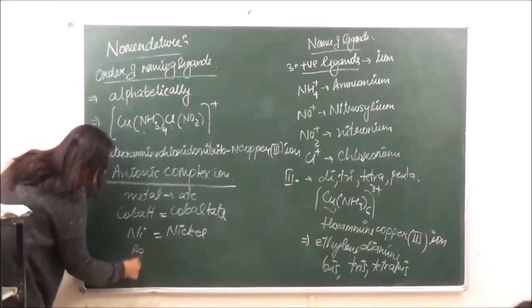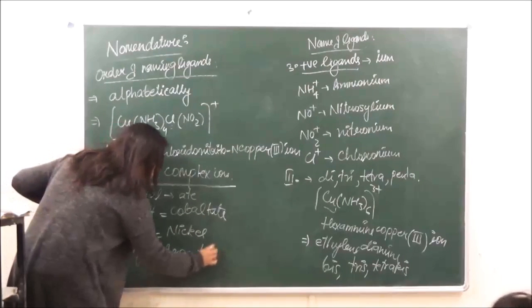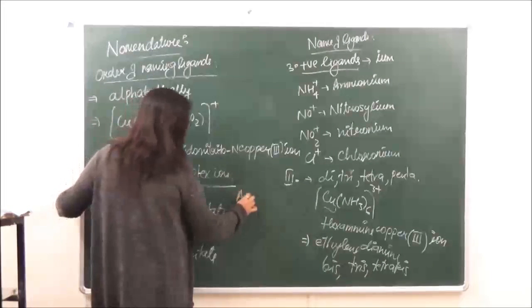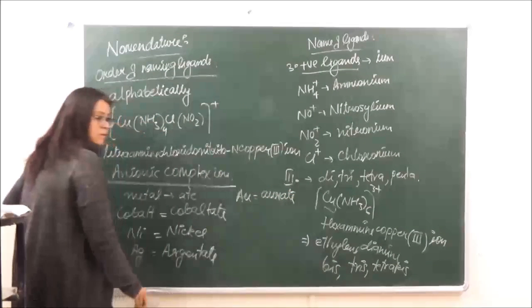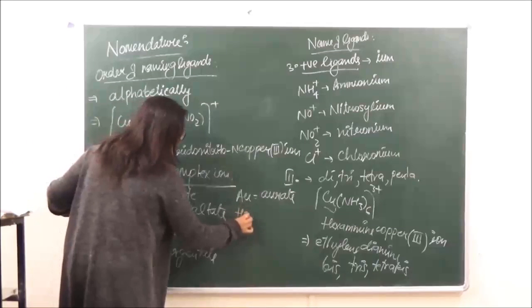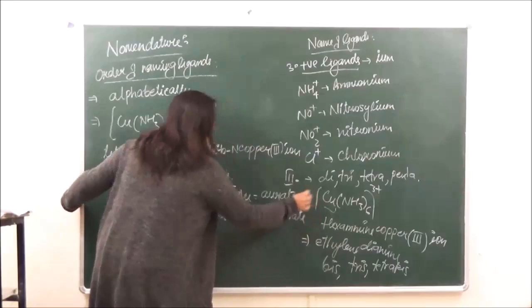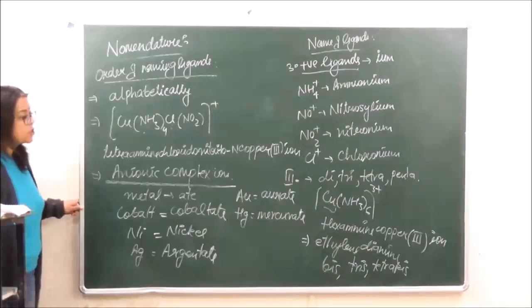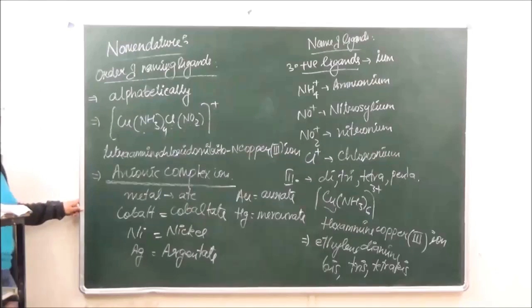If it is silver, argentate. If it is gold, aurate. If it is mercury, mercurate. So in the anionic species, the name of the central metal atom is going to have the suffix -ate.